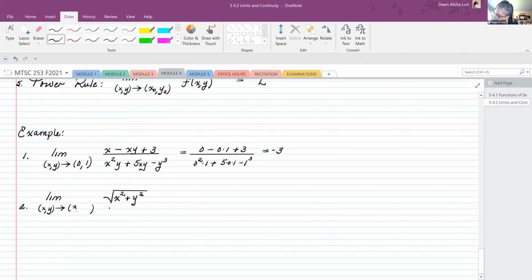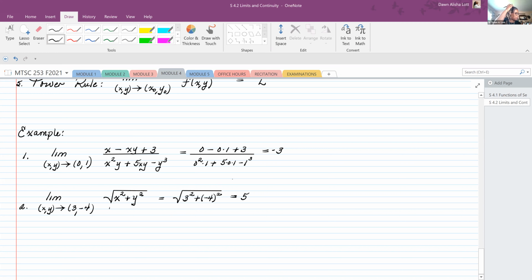So this turns out to be the square root of 3 squared plus negative 4 squared. That equals 5.